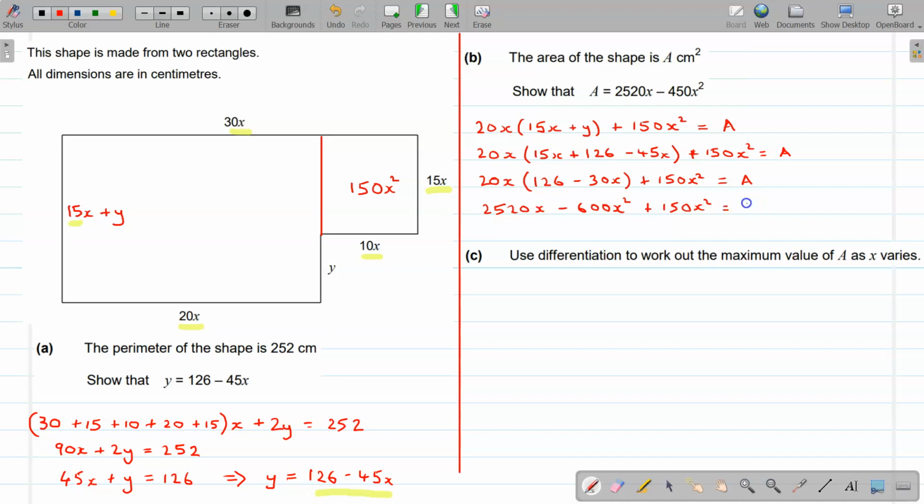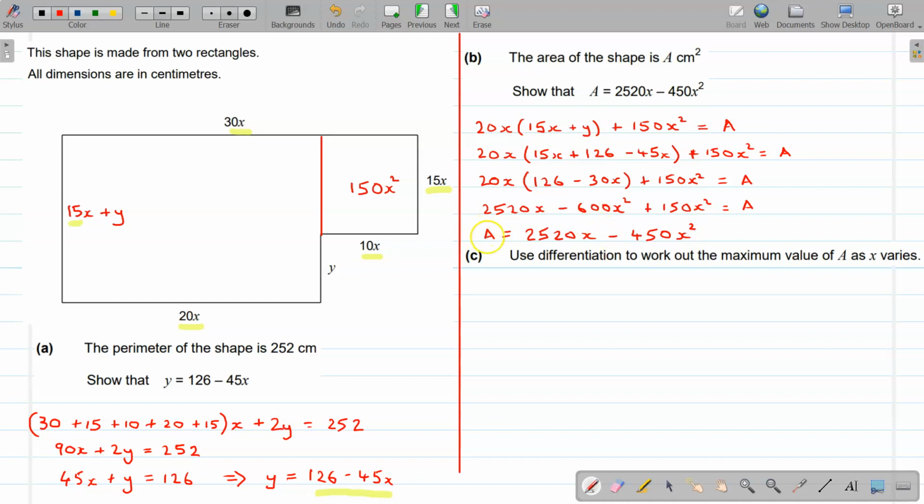Okay, and one more step, which is to simply combine those two terms there to give me that A equals 2520x minus 450x squared.